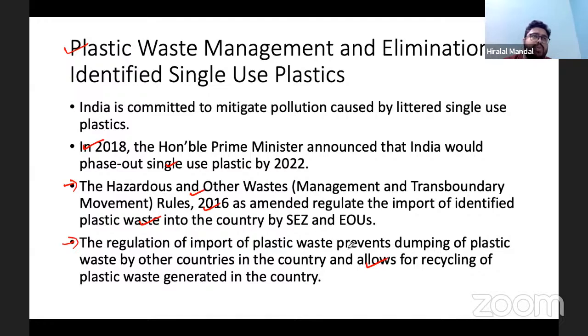This is also a health hazard for various people. A similar situation can be seen in the coastal areas and the rivers also. That's how single-use plastic is considered as pollution, something which is polluting the environment. And therefore a call was made by the Prime Minister in 2018 to phase out single-use plastic by 2022.